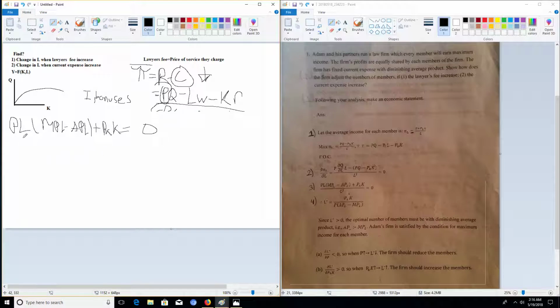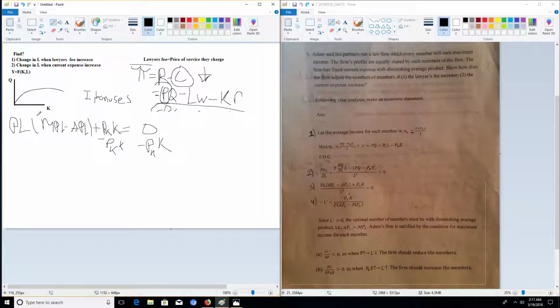Remember, we did L squared on both sides, so yeah, it's 0 now. And so subtract P sub K times K from both sides: minus P sub K times K.